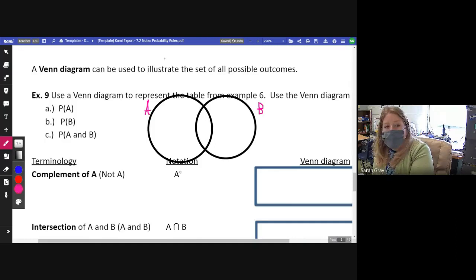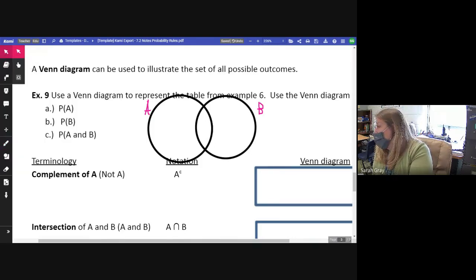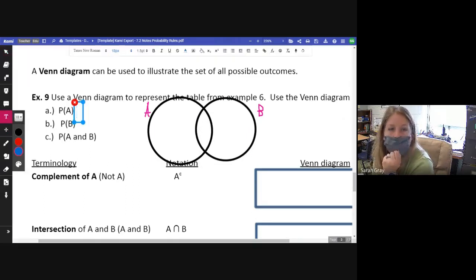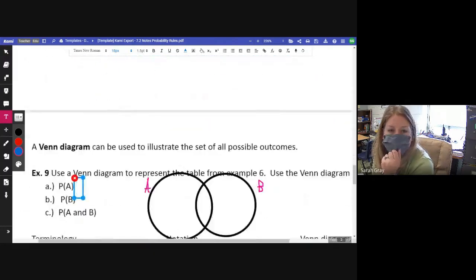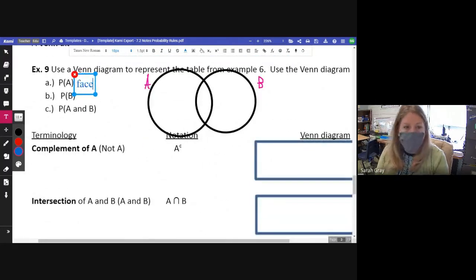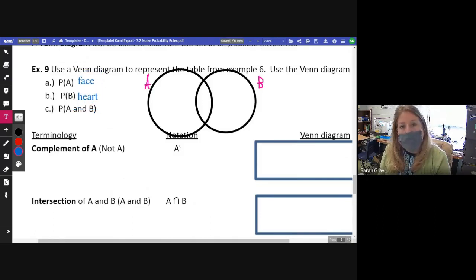If they're not, use your select tool and then you can move them. A was the face card. Yeah. You have to draw it.